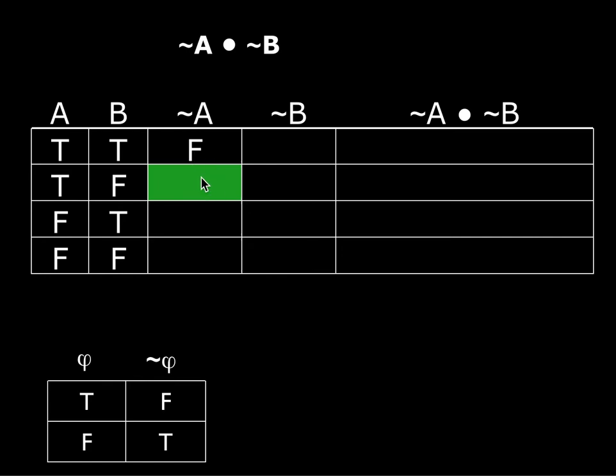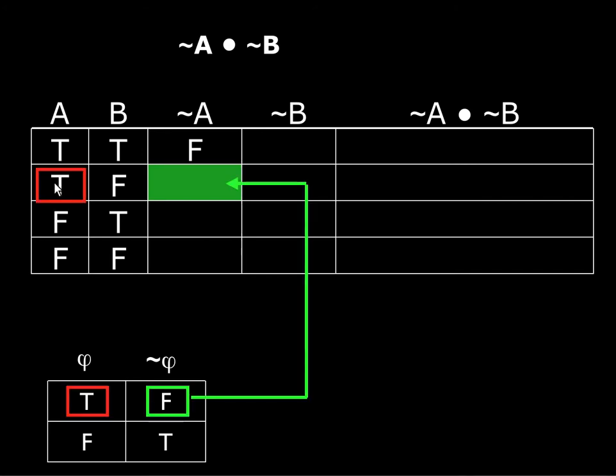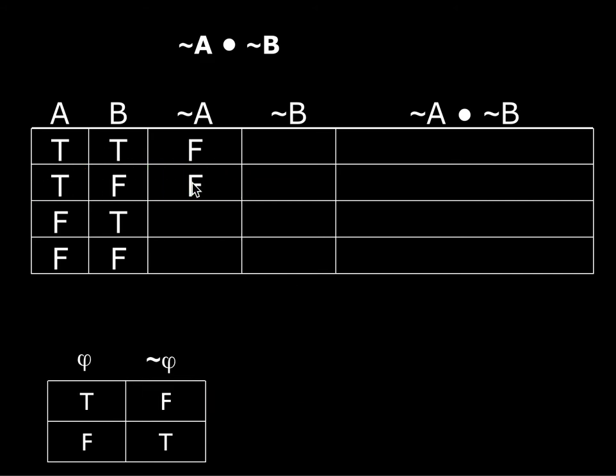Okay, so now I want to do this cell. A is also true here, so it's going to be exactly the same. The negated statement is true, so not phi, the negation, is false. So if A is true, not A is false. So I put an F there. Next, this cell.